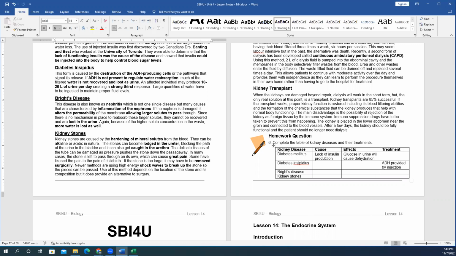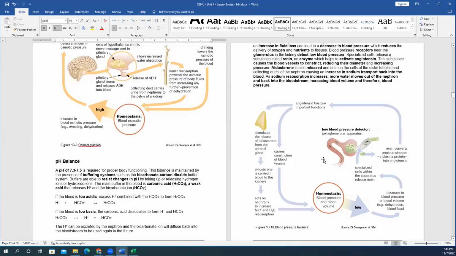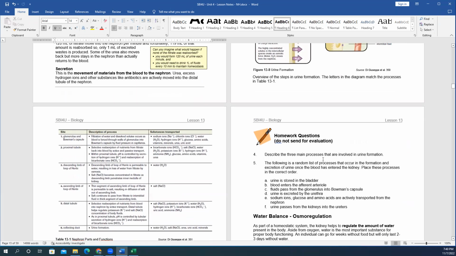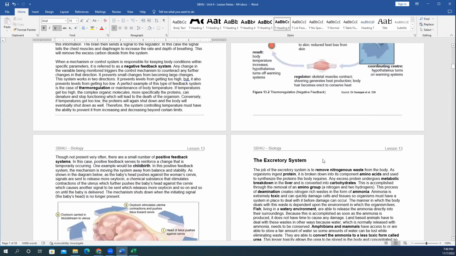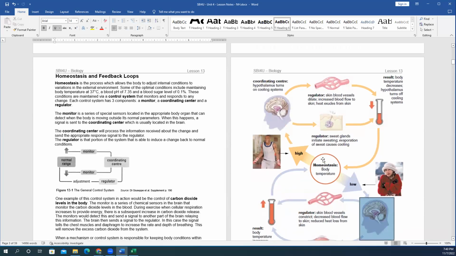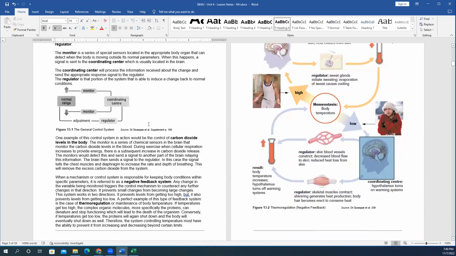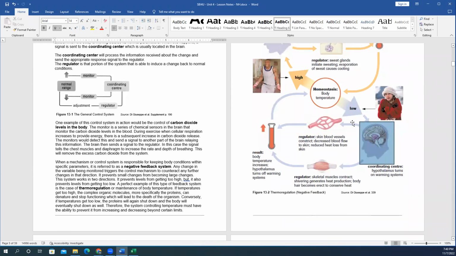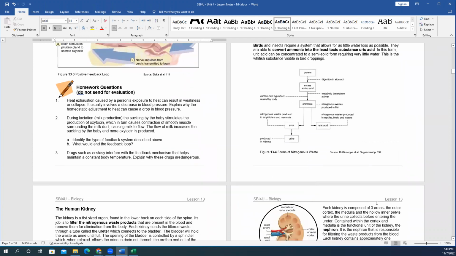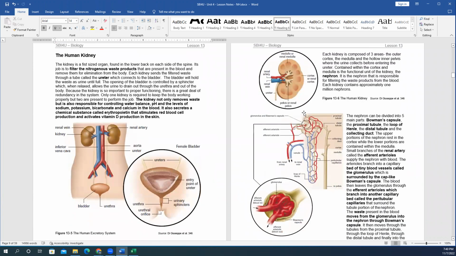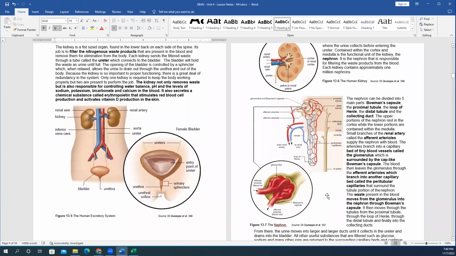So that brings us to the end of our discussion about the various ways that our body maintains homeostasis. We talked about the feedback mechanisms, the negative feedbacks, as well as positive feedbacks, childbirth being a very good example of this. We talked about the importance of the excretory system and the central role that the kidney and the nephron play in this.